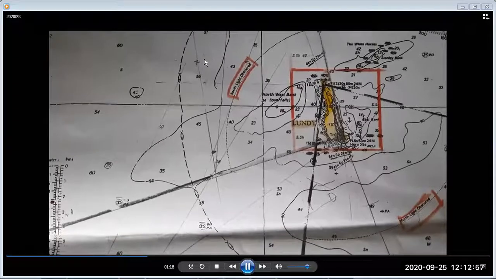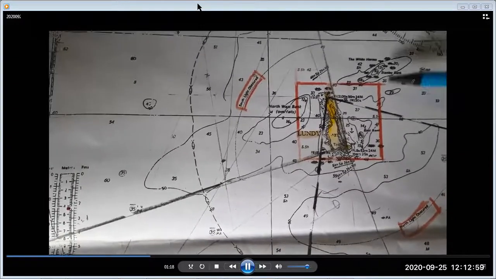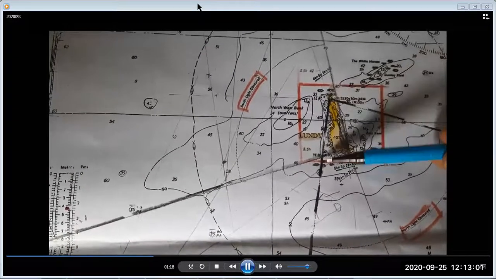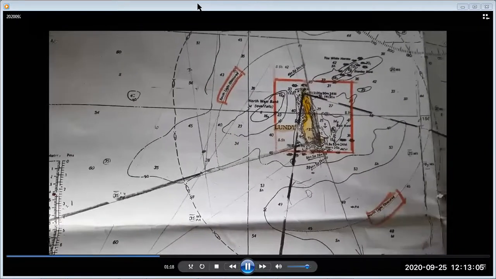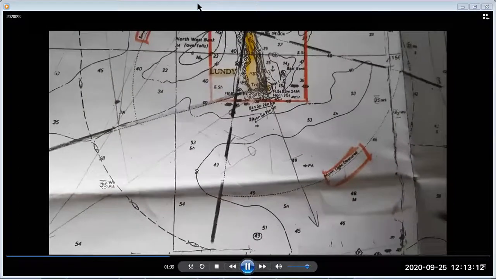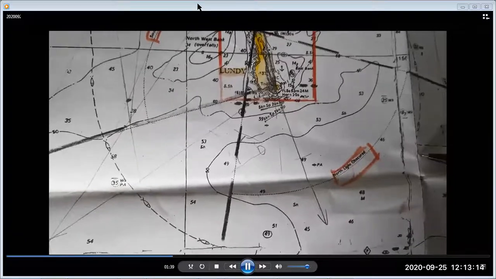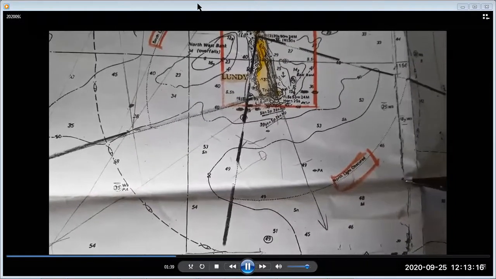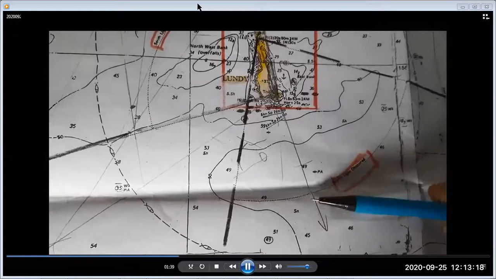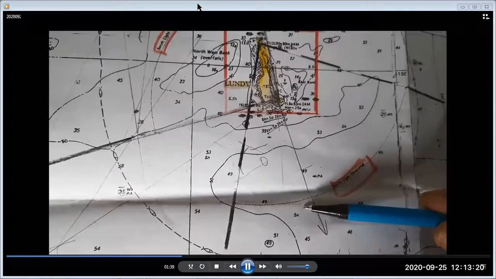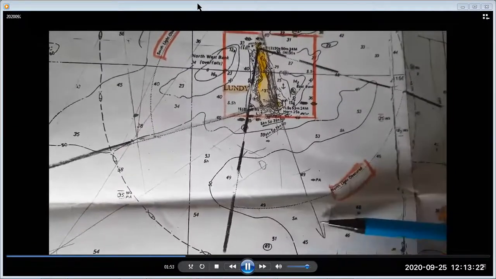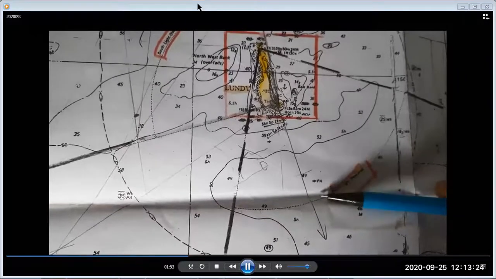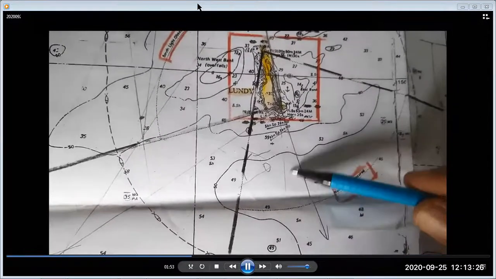Now if you see the north light, this sector is also given, in which this light is obscured. It is written north light obscured. If the ship is passing from this side, on this heading, the north light will not be seen.